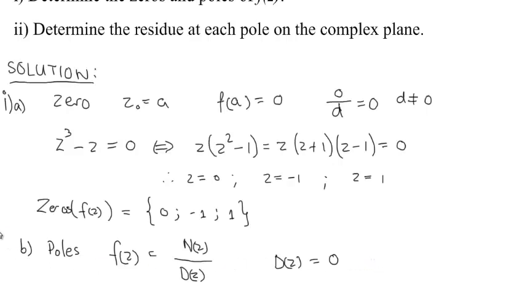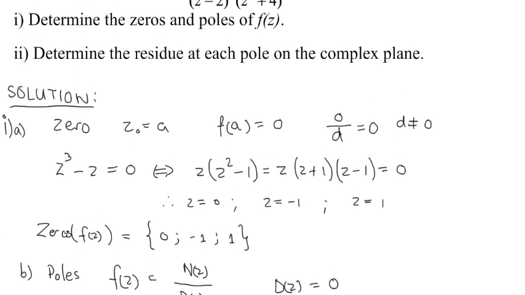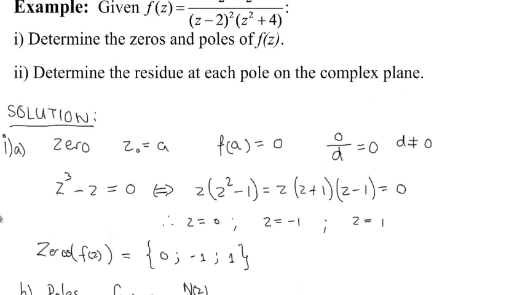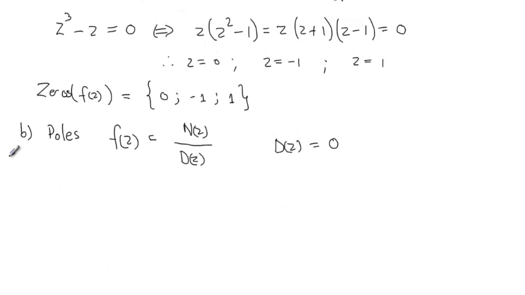In this case, here we've got z minus 2 squared multiplied by z squared plus 4 equals 0. Solving this equation, like we've said before, will give us the poles of the expression.